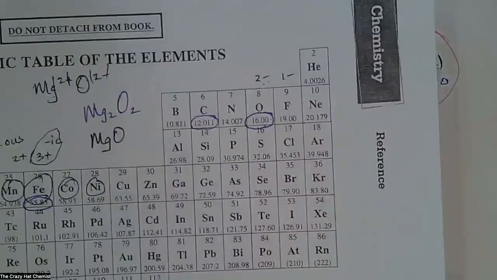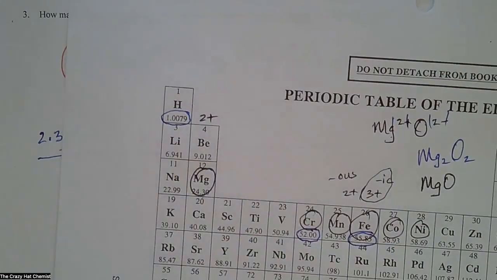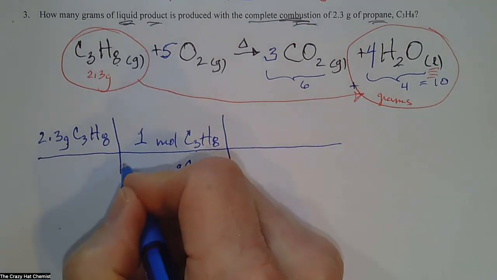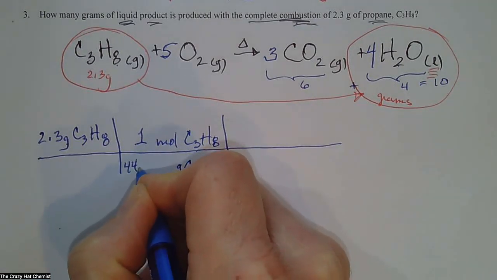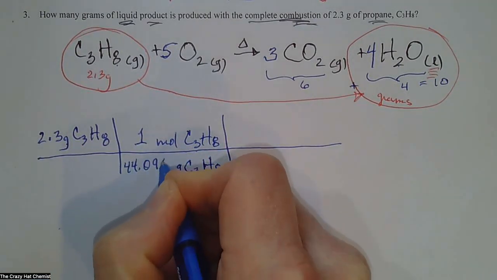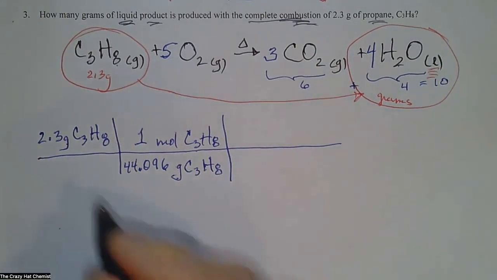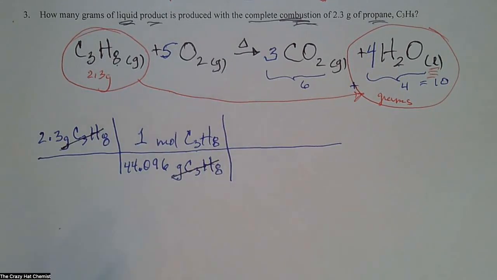Carbon, again, has 3. Hydrogen has 4. So I'm going to have the fewest number of decimal places, which would be 3. So that's 44.096. Okay. This will allow me to cancel out grams of the propane.